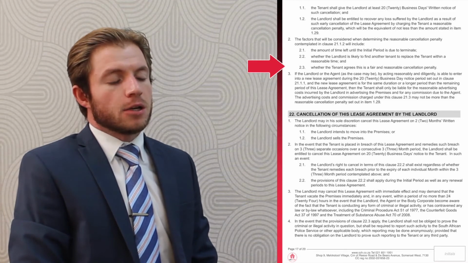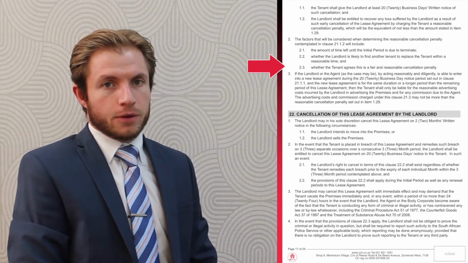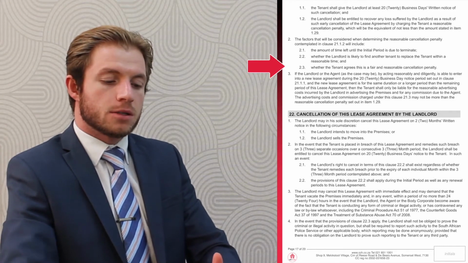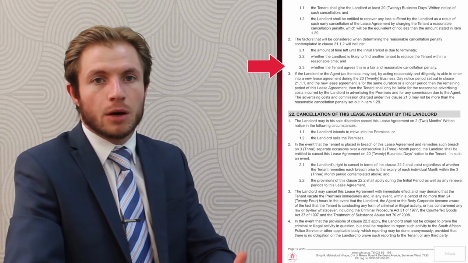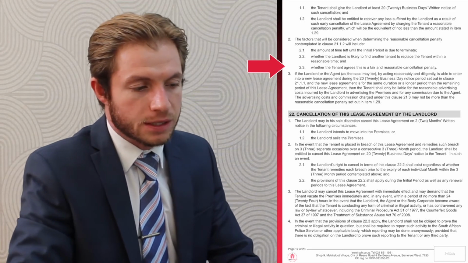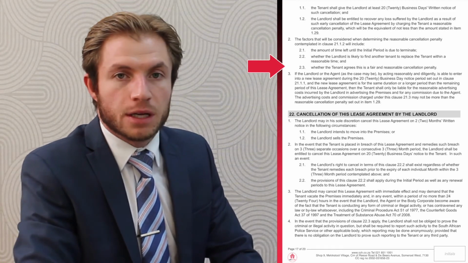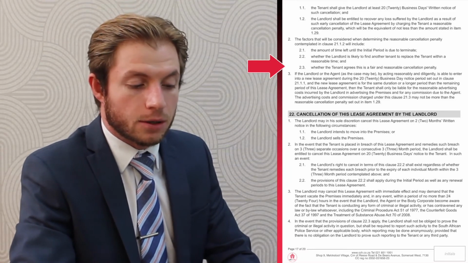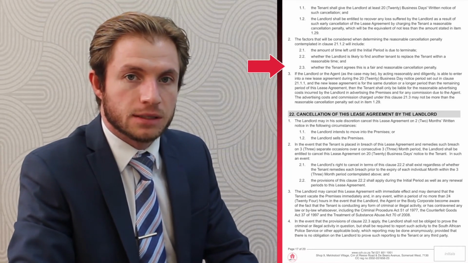But let's go back to our example: you've entered into a fixed term lease agreement of 12 months, 2 months has passed and you now need to cancel this lease for whatever reason. Let's say for the sake of argument, the landlord or CCH can't manage to find a new tenant.